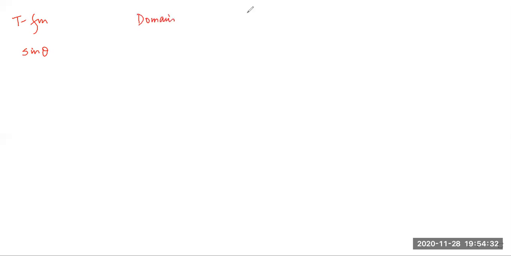We'll define the domain. After that, we will define its range. After defining range, we will try to draw the graph. We will take domain on the x-axis and range on the y-axis, so we will see how range varies with the domain. All right, let's go.